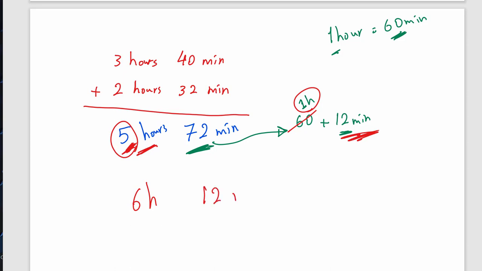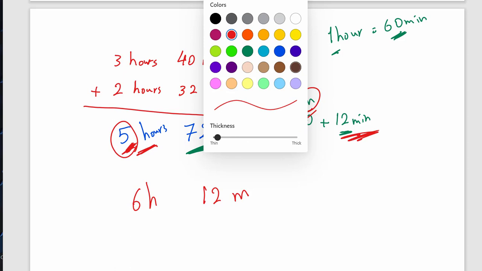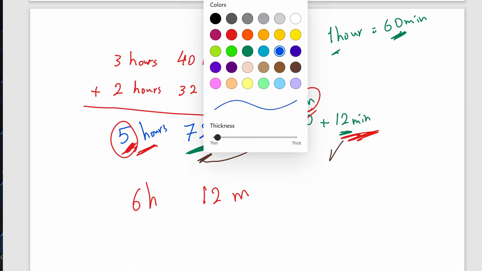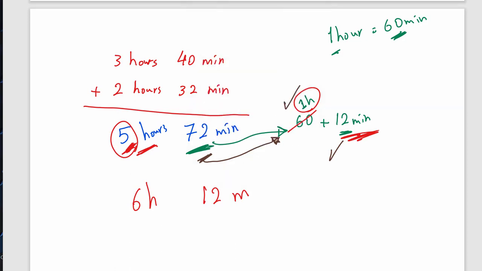12 minutes. So what we did here, we converted the 72 minutes, we made it 60 minutes, made it 1 hour. Excellent. 1 hour and 12 minutes, and we add it to the hours, and then all we have left is 12 minutes. Excellent. And we need to name this.